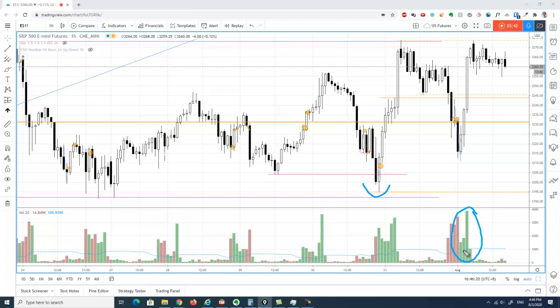You can see that on these few green bars, the volume level is relatively low. I wouldn't say that it's extremely low, but compared to the past day, on Thursday here, the volume level is just slightly lower, but look at the price, it just ramped up so quickly.